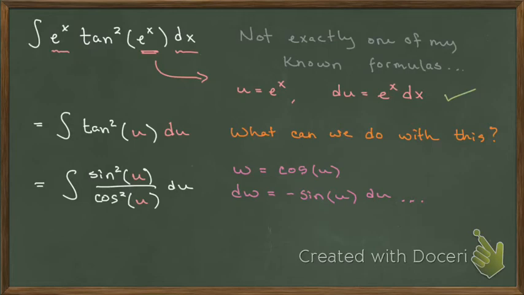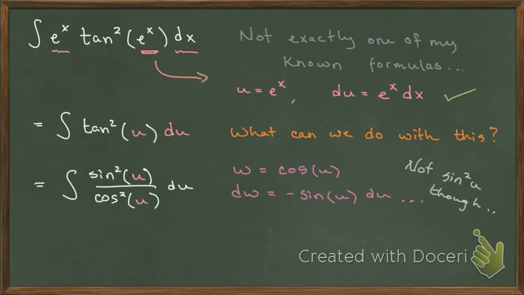But I have a sine squared of u, right? This is not sine squared of u. So that doesn't exactly make a clean substitution, and it just doesn't work the way I want it to. I can't just square dw. Well, what if we try to substitute that cosine squared?